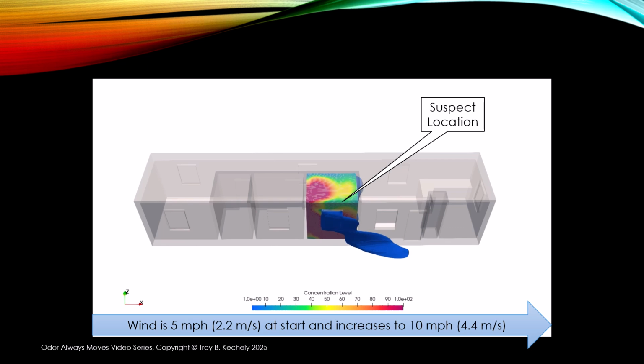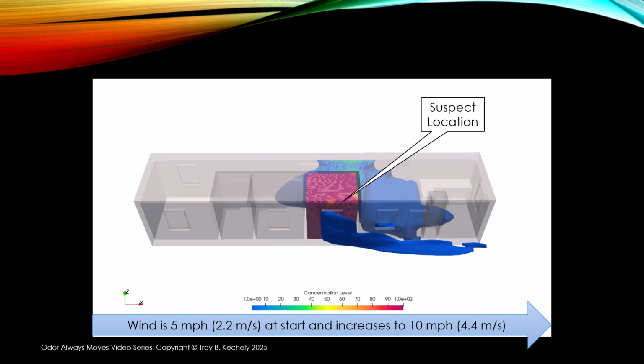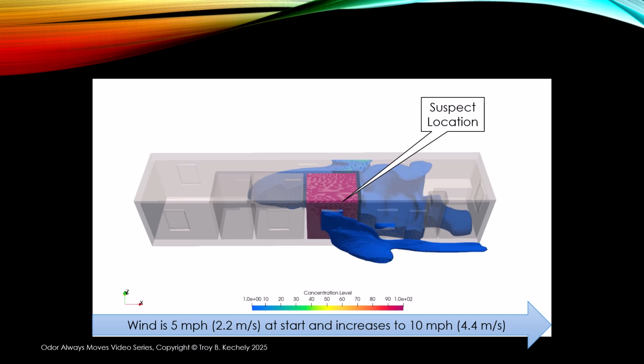And as that wind picks up and that pressure on the exterior of the trailer house decreases, more and more of a suction effect occurs. Because again, the pressure inside the trailer house is higher than the outside because of the wind speed running along the edge of it. And so you can see that odor being pulled out that window gap downwind and maintaining a decent concentration as it goes.